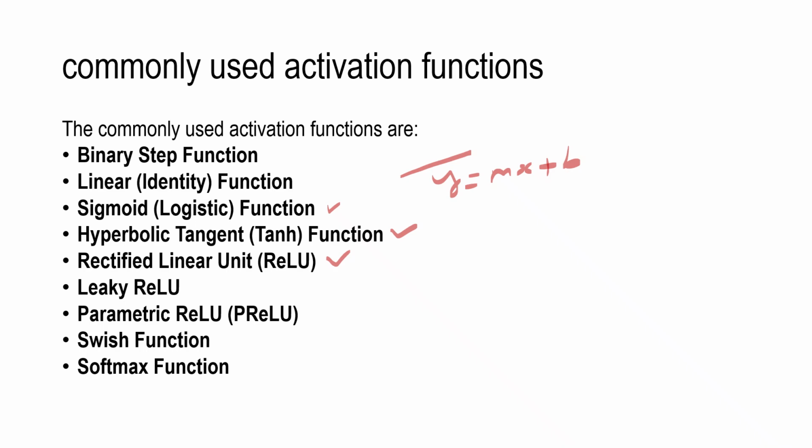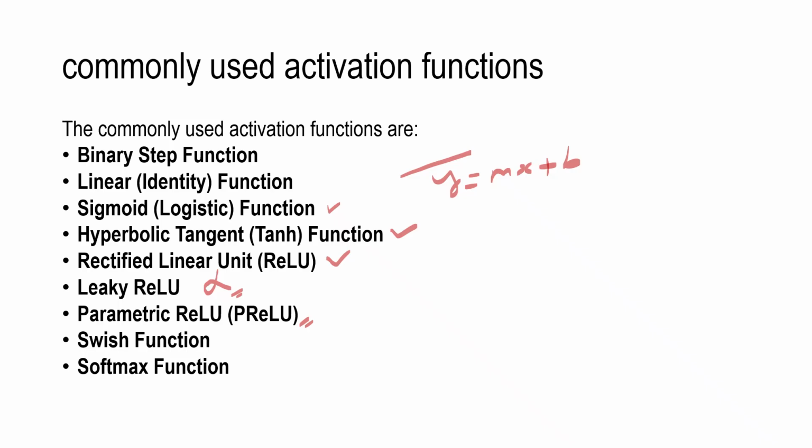And there are some little problems in the ReLU. In such case, we can go for leaky ReLU. In leaky ReLU, we are going to use a small parameter alpha. The selection of this parameter will avoid dying neurons. Parametric ReLU is also one kind of ReLU.